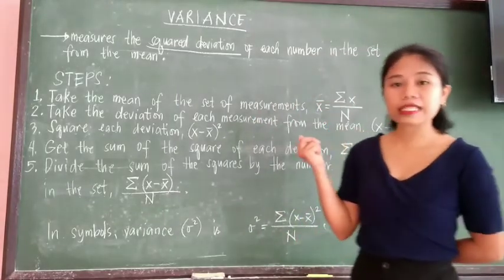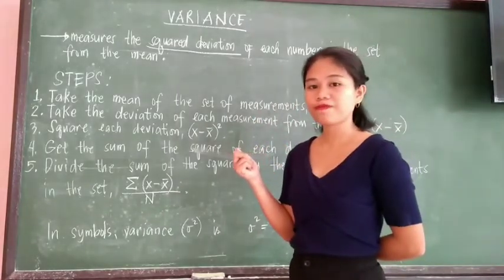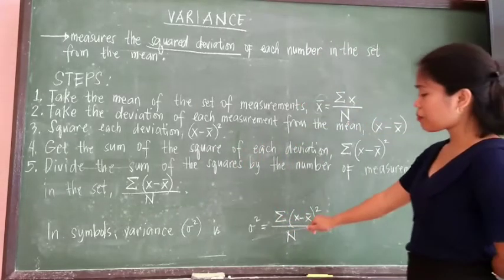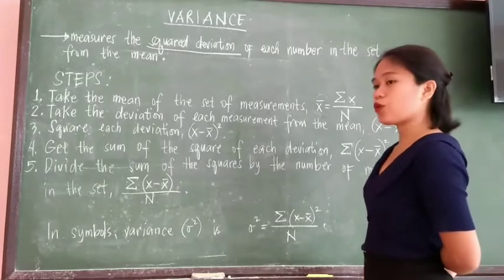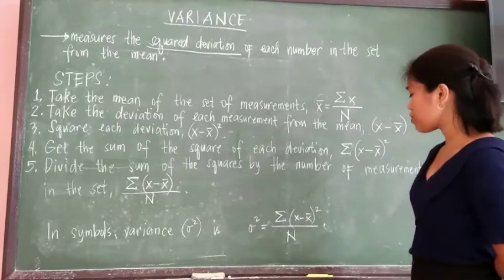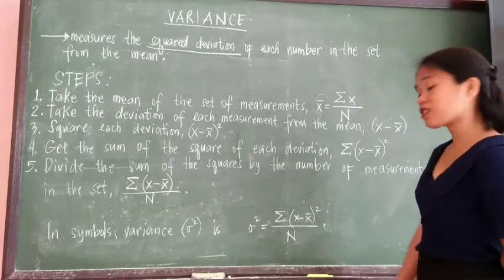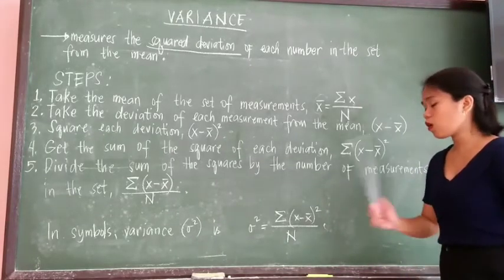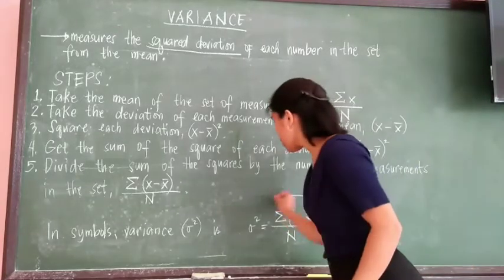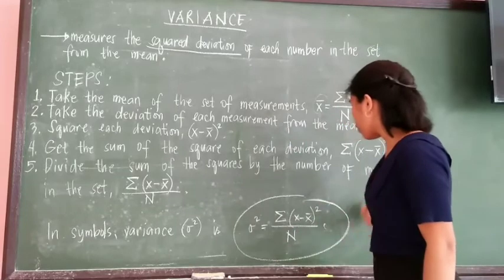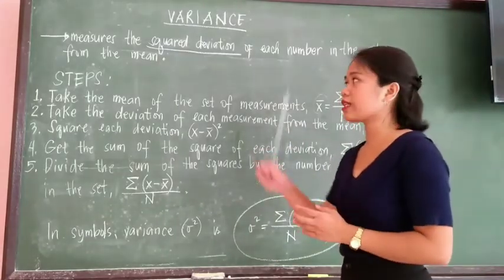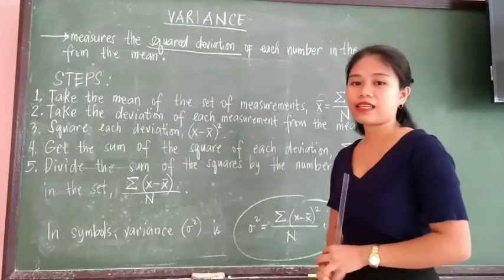That means in symbols, variance, sigma squared, is equal to the summation of the square of x minus x bar, all over n. We are going to use this equation or formula when we calculate variance. Alright, let's proceed.